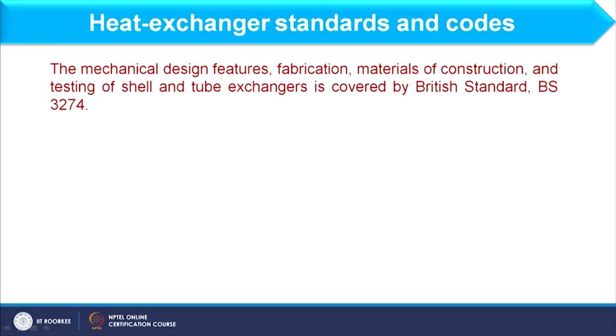So, mechanical design features, fabrication, material of construction and testing of shell and tube heat exchangers are covered by British standard BS 3274. For each category, for each application we have different standards, and for shell and tube heat exchanger mechanical design we have British standard BS 3274.